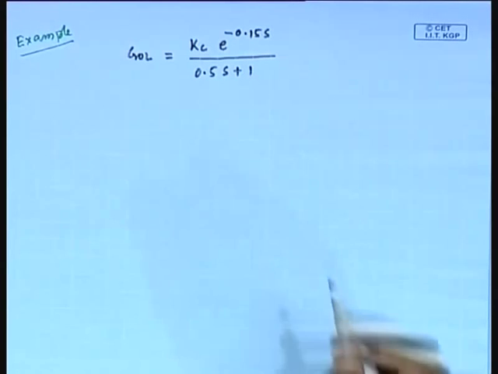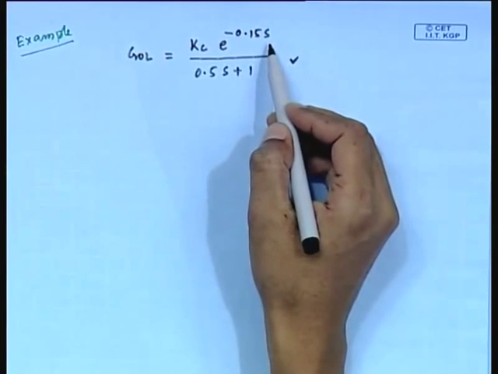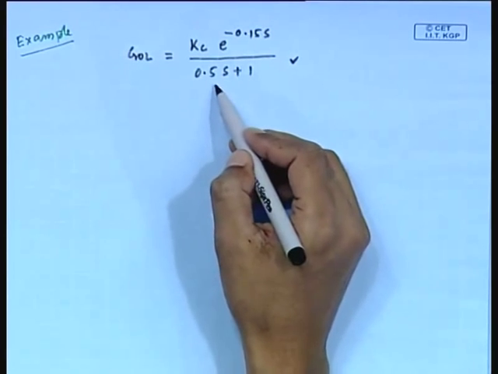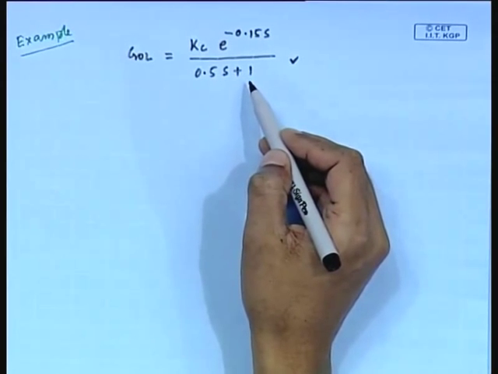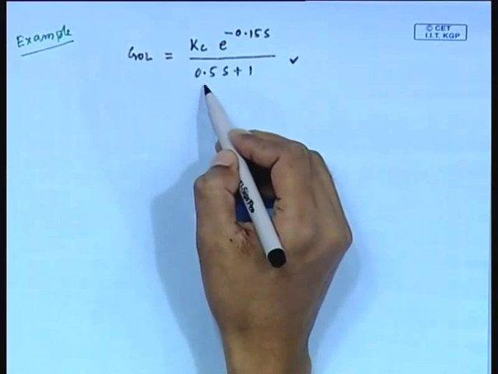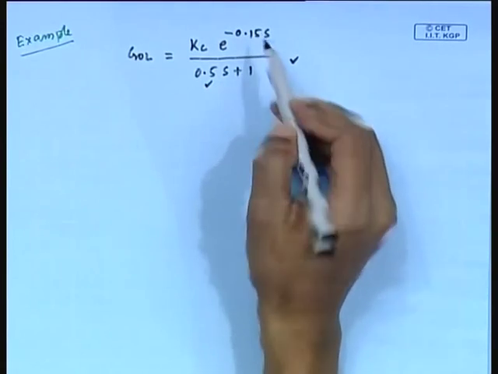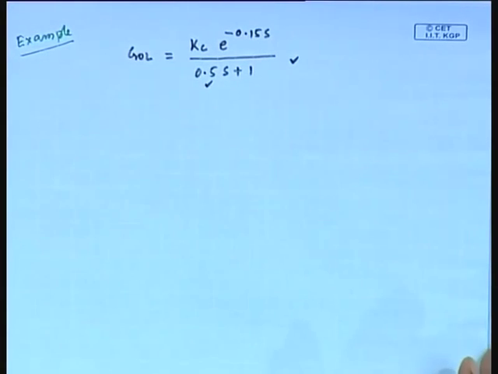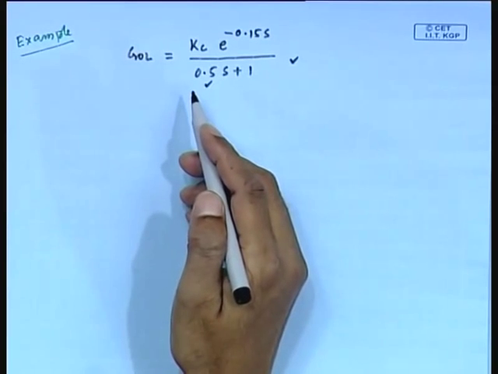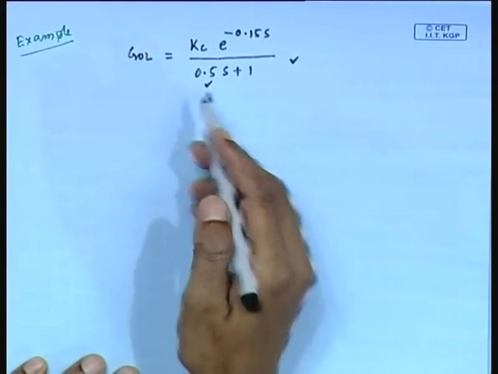Here time constant is 0.5 and dead time is 0.15. Now, tune the PID controller using ZN technique.